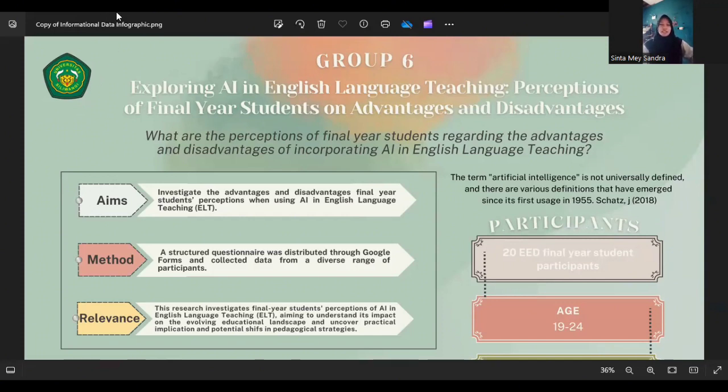There are myself, my name is Sinta Mey Sandra, my student number is 222-122-096, and Latipatun Nisa, with student number 222-122-07092, and Anjar Sevtian with student number 222-122-094, Sharla Arumaisha with student number 222-122-097, Fatimah Ajhara with student number 222-122-099, and the last is Nurazizah with student number 222-122-114.